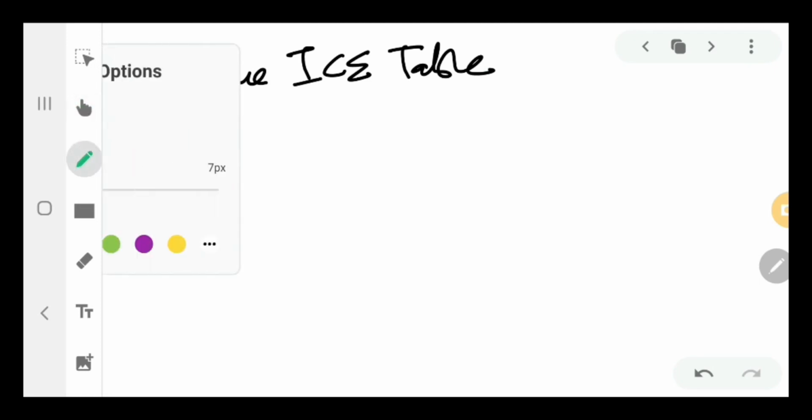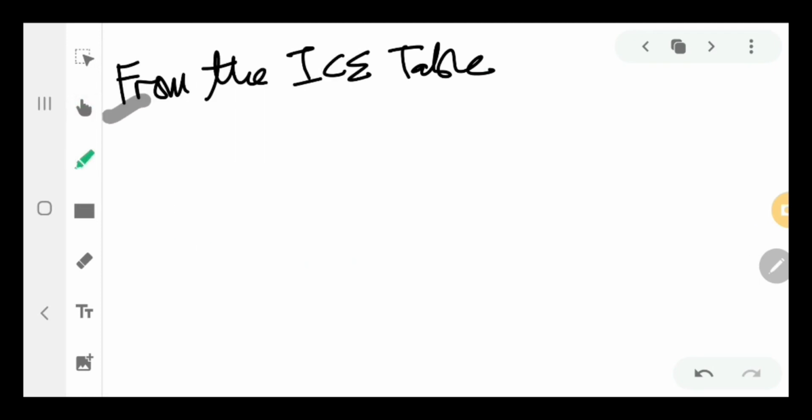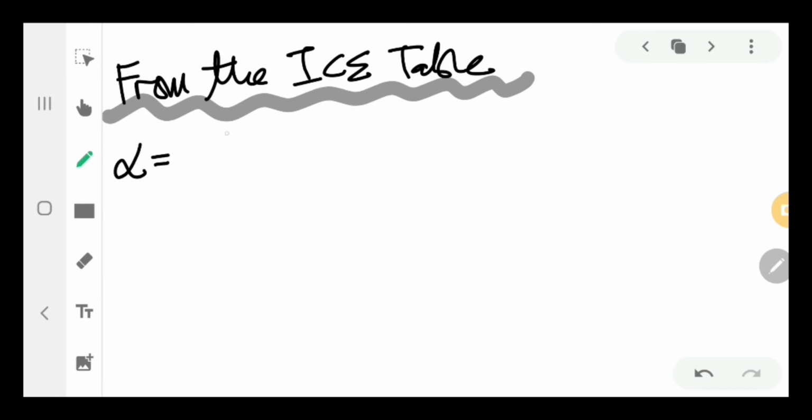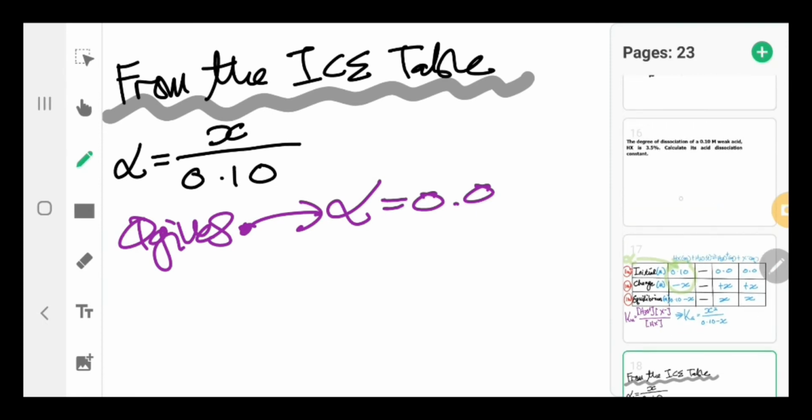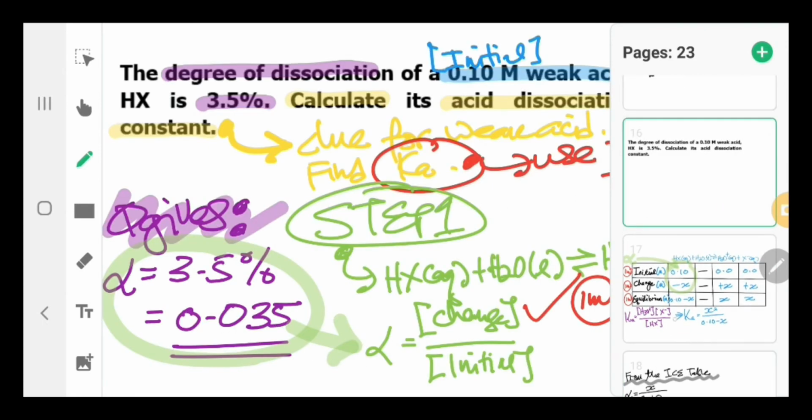From the ICE table, the degree of dissociation is x over 0.10. The question gives the degree of dissociation as 0.035, if we go back to the question.